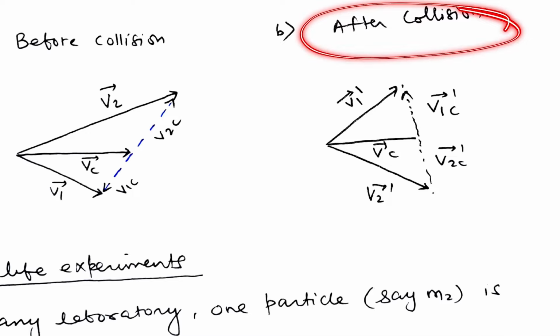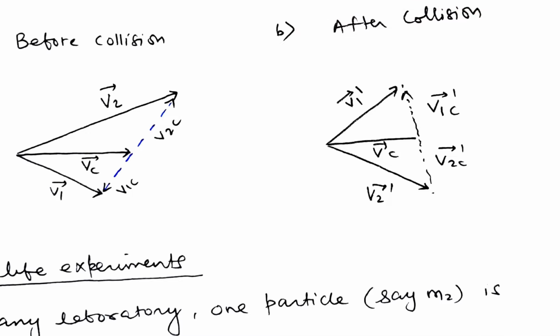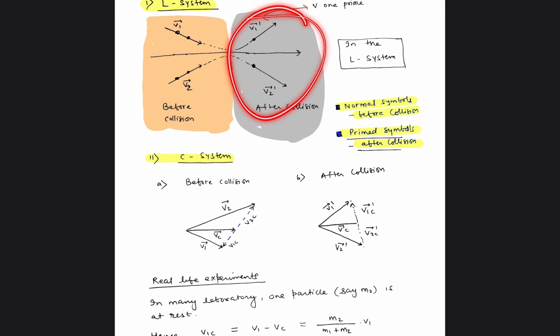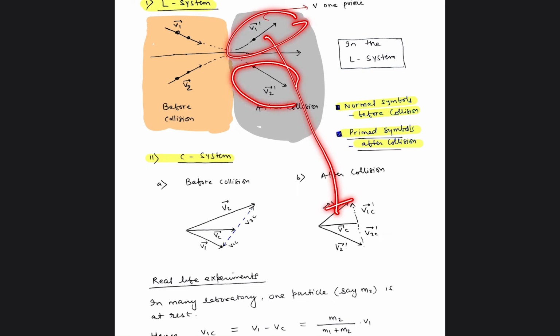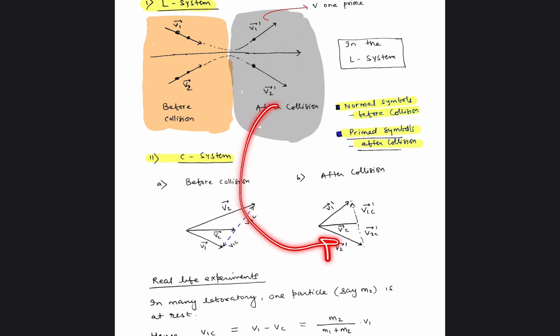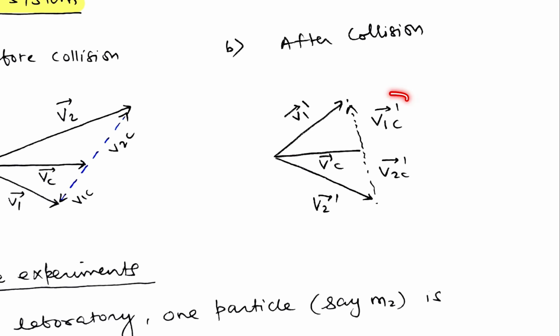Now, after collision, what will happen? The particles will move in this direction. This is the case for after collision. So you take this vector and put it here, take the other vector v2 and put it here, and then join them to get v1c prime and v2c prime. So let me tell you what v1c prime is.